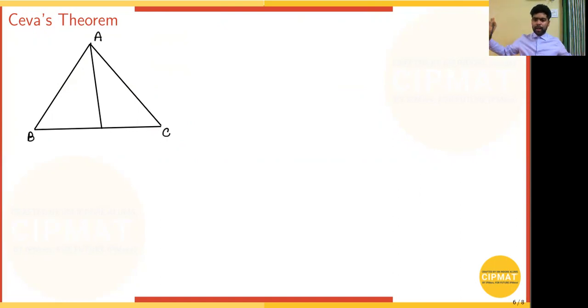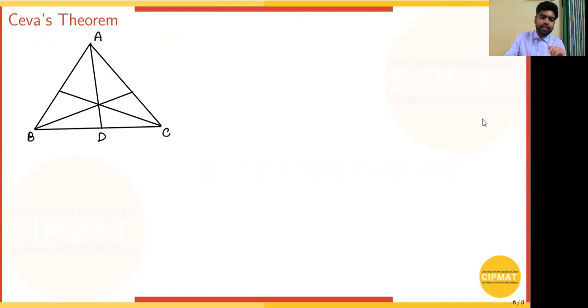It's just a random line. Let me draw another random line like this from B. Similarly, I will draw another line from C such that it passes through the point of intersection of the previous two lines that I have drawn. And let me name these points.